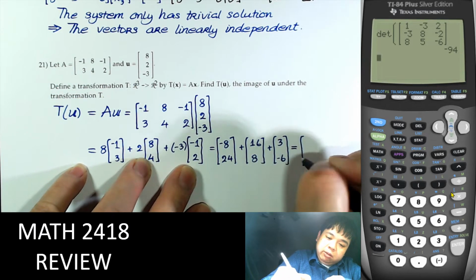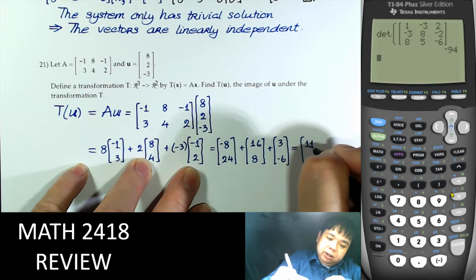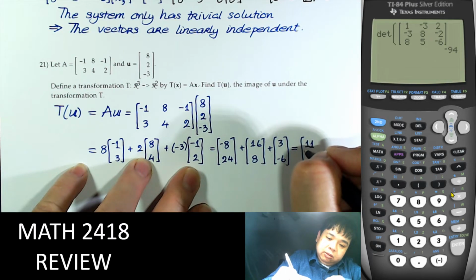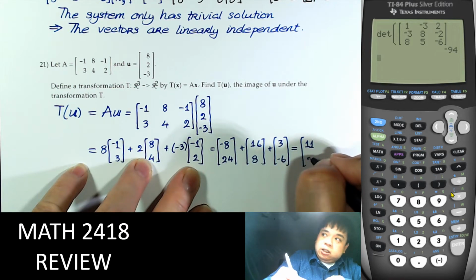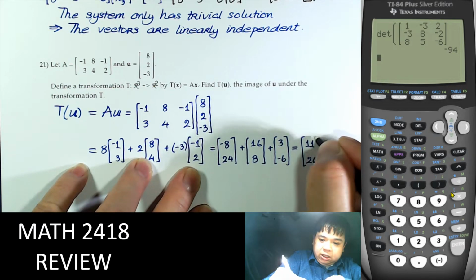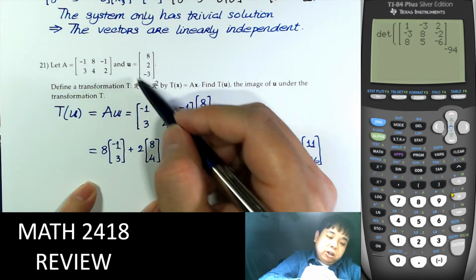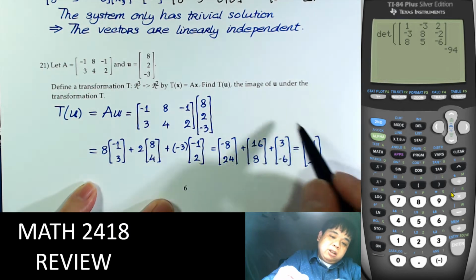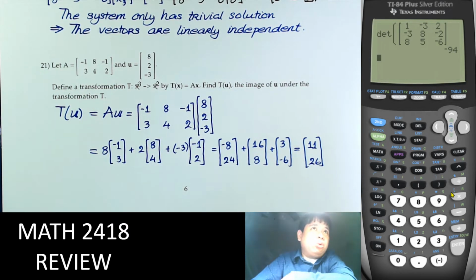Add all of them up: 8, 3, 11, and -6, 2, so that's 26. So we have 11 and 26. Right? So T is a transformation that transforms this vector U in R3 to this vector in R2. So that's all we do, really.